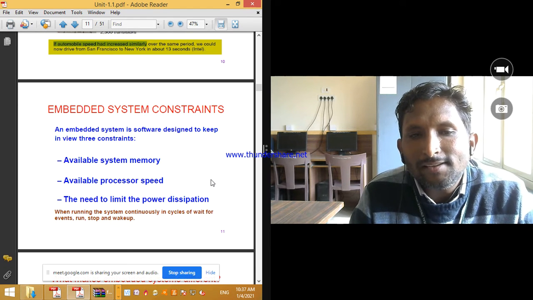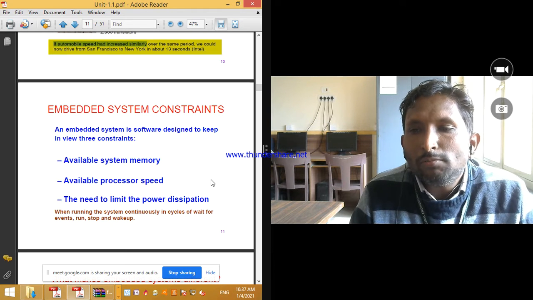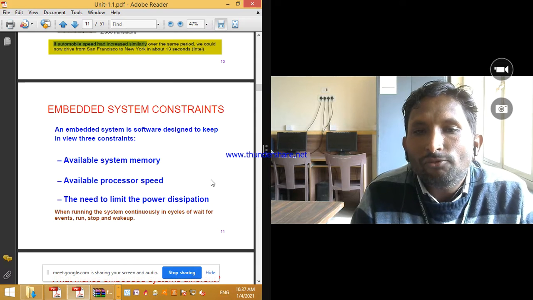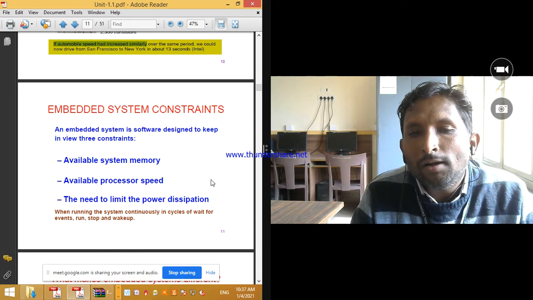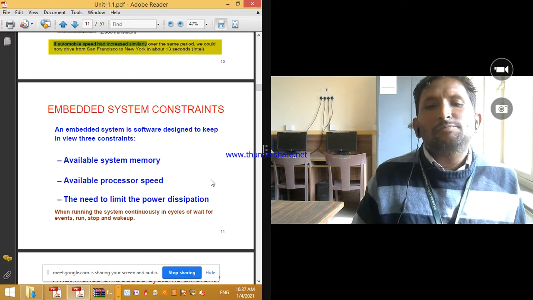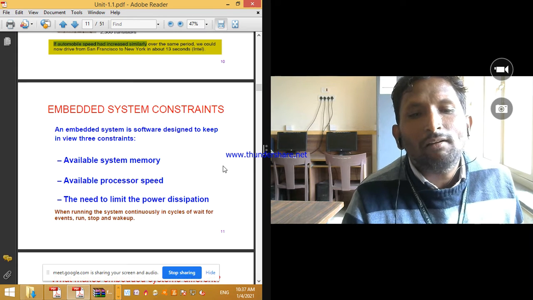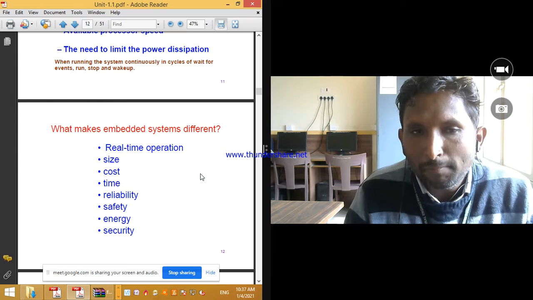Which are those 3 constraints? How much memory is available, how much speed the processor has that we are using for our embedded system, and what kind of power consumption it is taking.